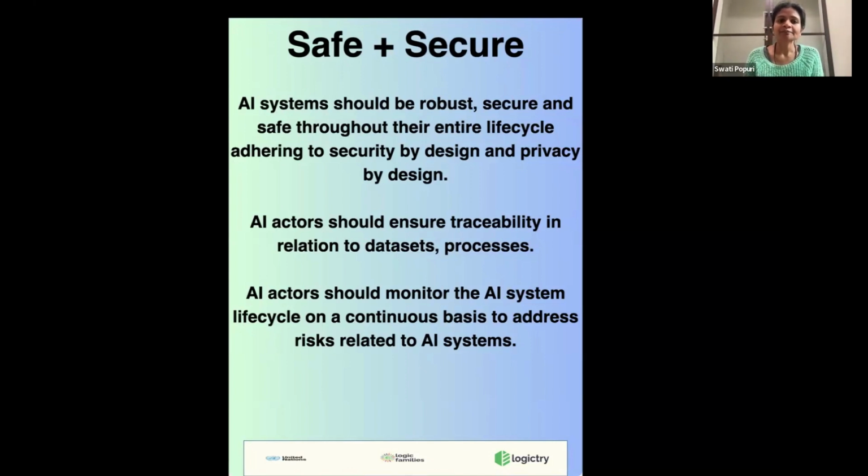Also, AI actors should monitor the AI system and the life cycle on a continuous basis to address the risks related to AI systems.